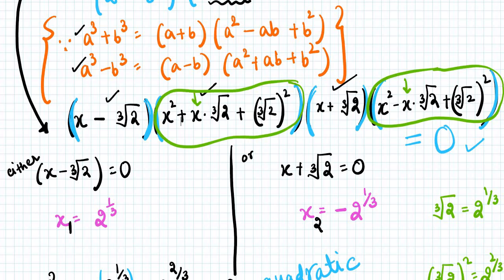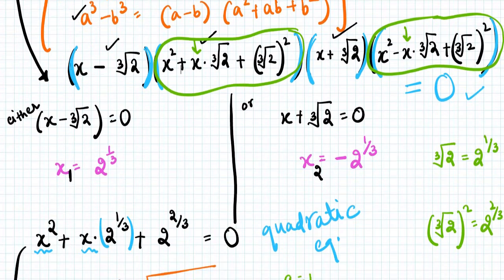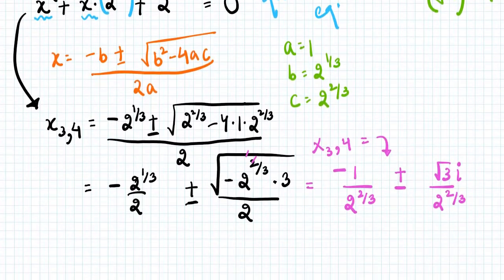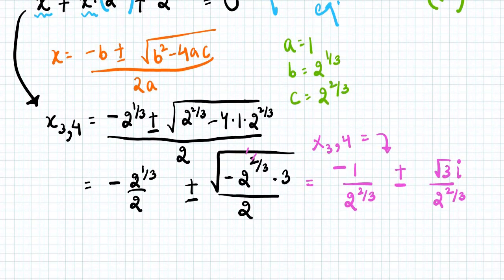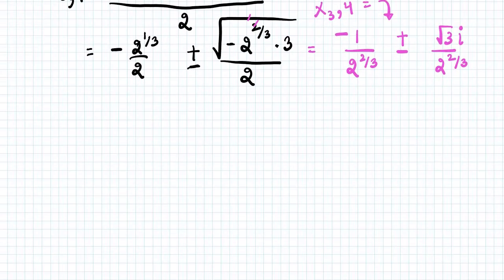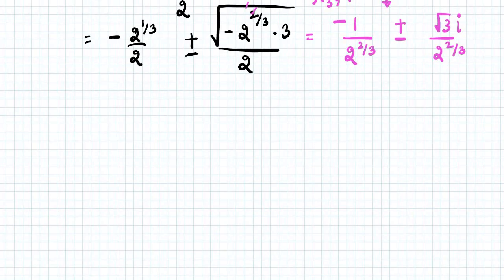So rather than doing the whole question again, let's check where this b is affecting my quadratic formula. Only b would be changed. It would become negative of 2 power 1/3, so only this sign would get affected.